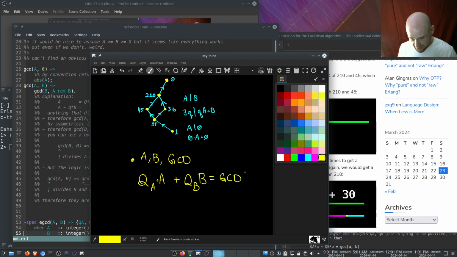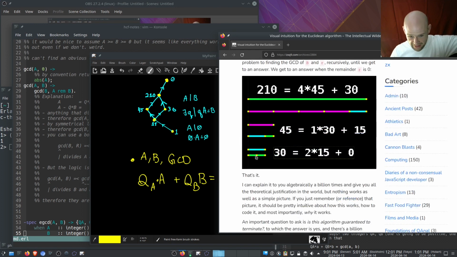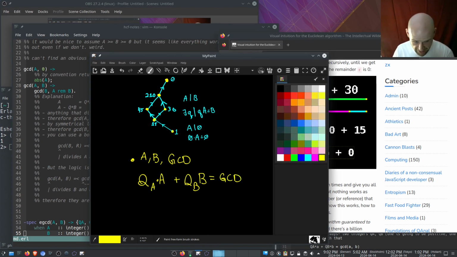Geometrically, what this would mean is that between 210 and 45, there's some number of jumps we can take in one direction with 210 and then jump back a different number of times in the other direction with 45, such that the net displacement would be this GCD, the segment that evenly divides both of them. So it's possible to find QA and QB such that QA times A plus QB times B is equal to the GCD. And I'm going to show you how to do that in a second.